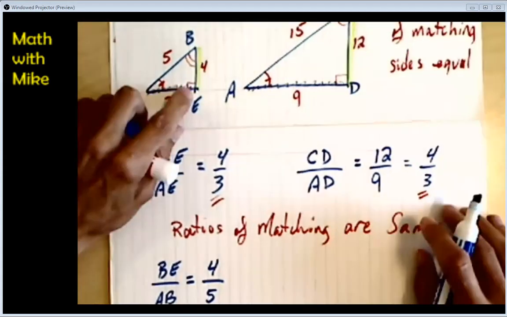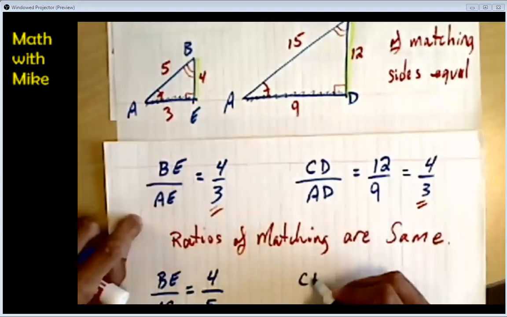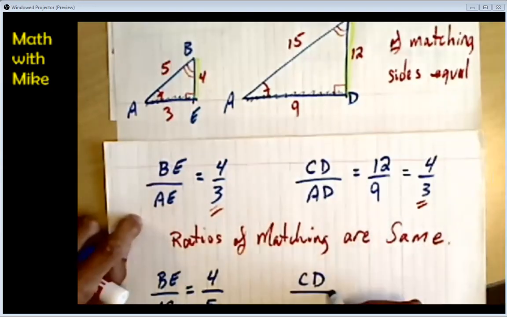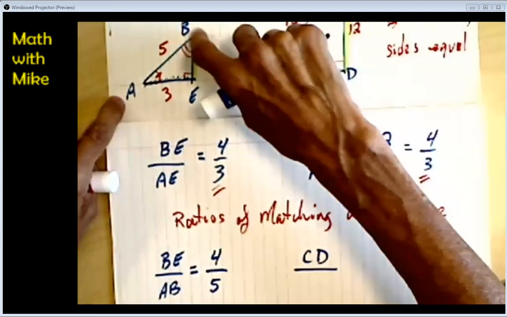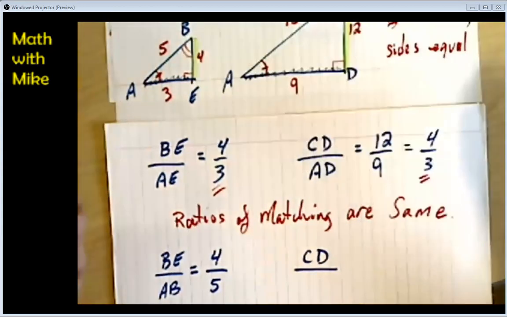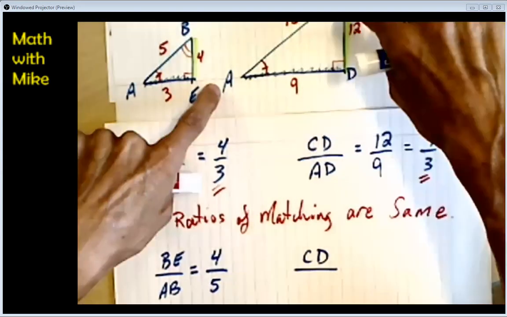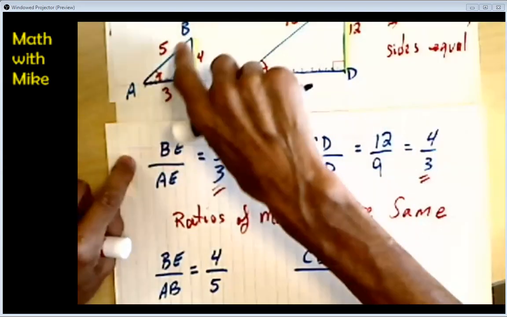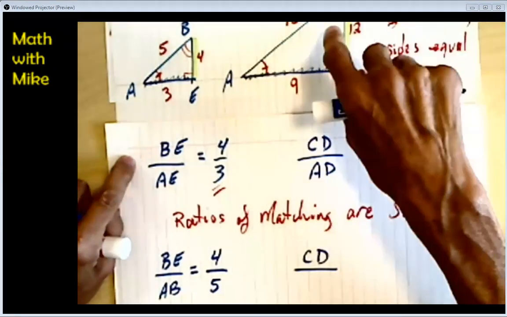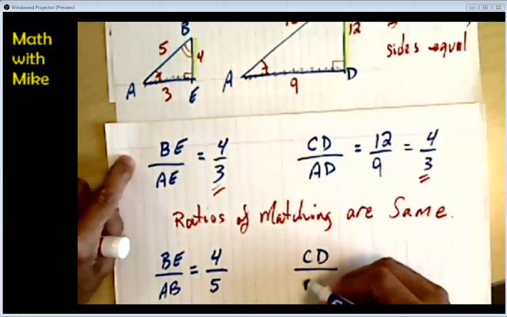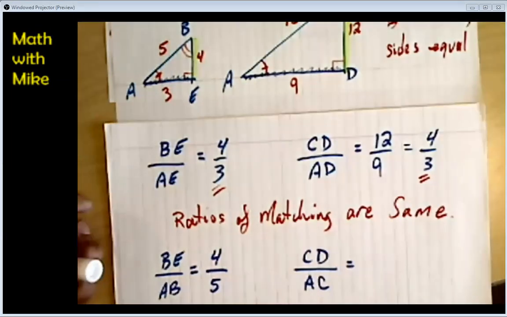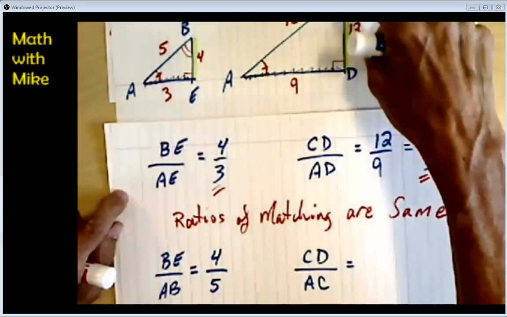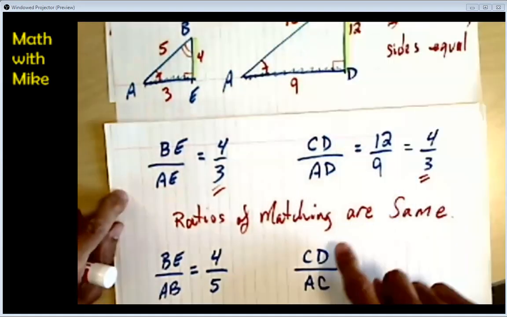BE, just like before, matches with CD. And what side matches with AB? AC, right? That long side matches with that long side. So AB and AC. CD is 12.